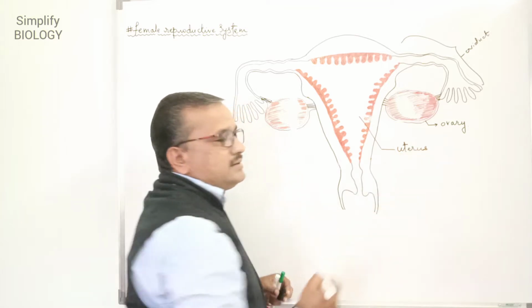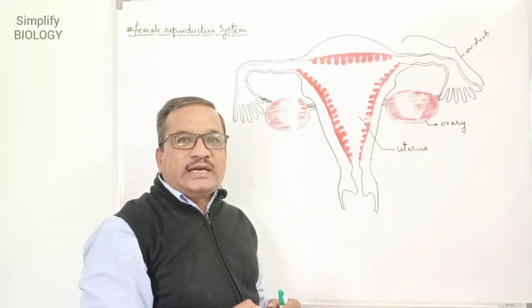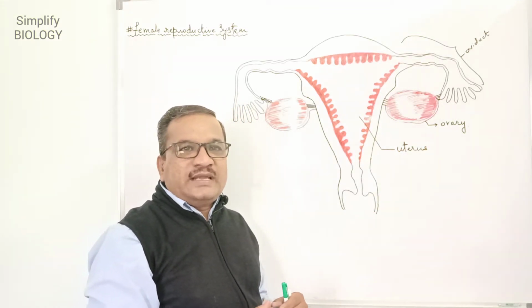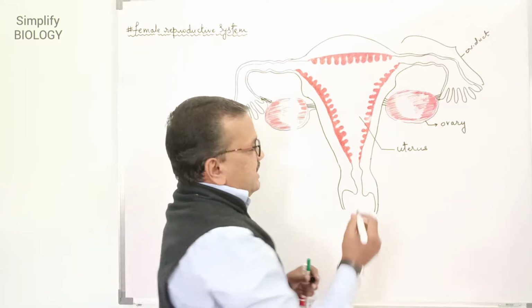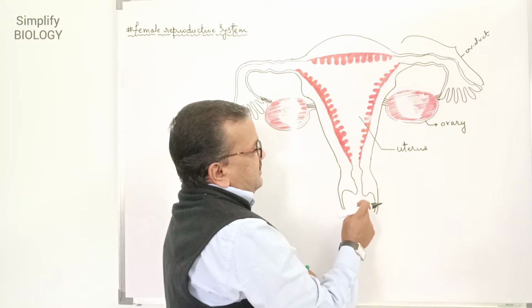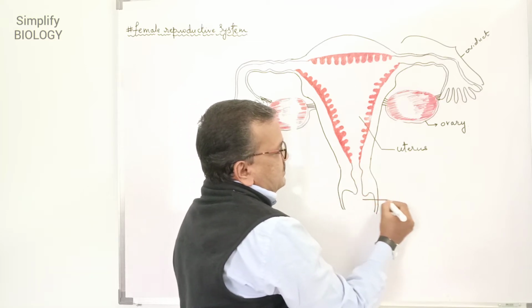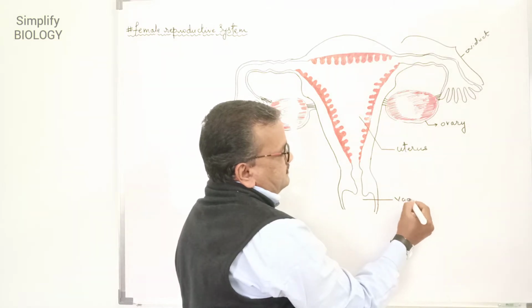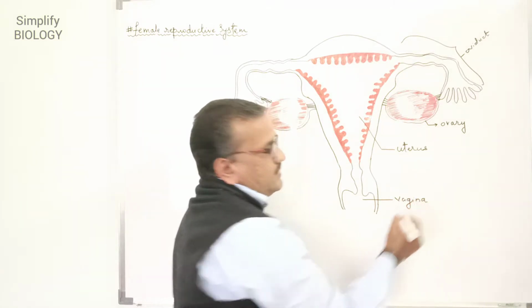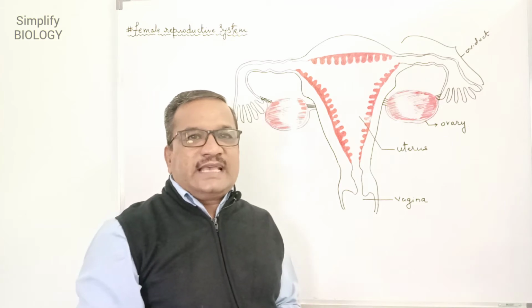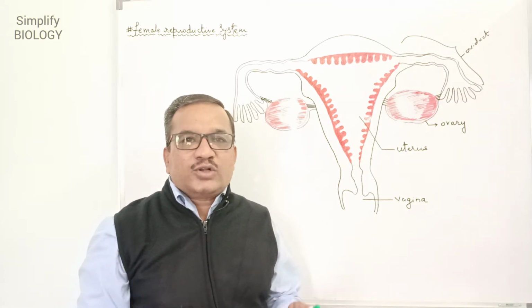This is the third organ of the female reproductive system. The next organ is the vagina. If you see the structure of this part, this part is called the vagina.